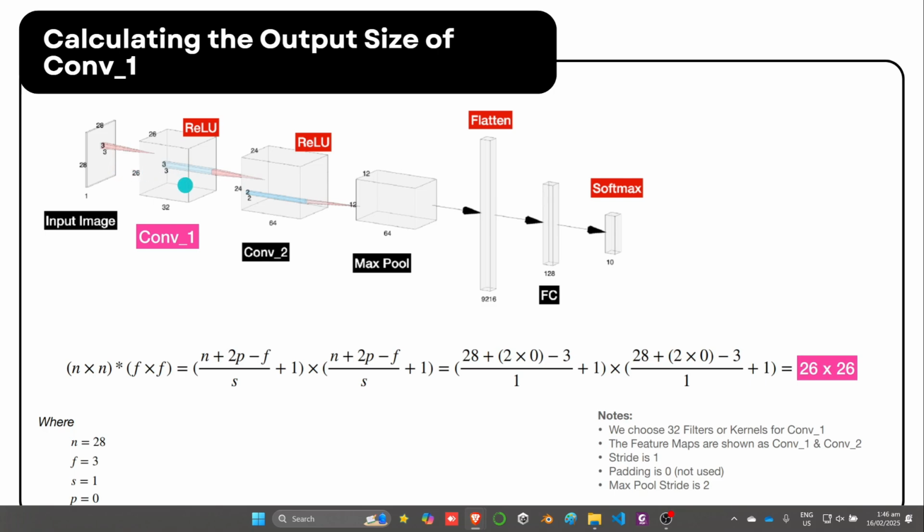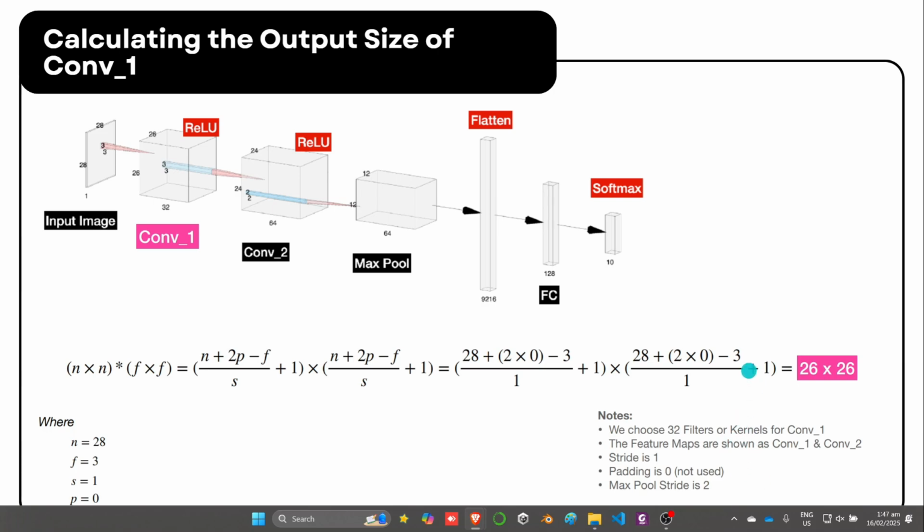Now we can use this formula, which gives us the feature map output size. We know we use 32 filters, a stride of 1, padding is 0, and max pool stride is 2.